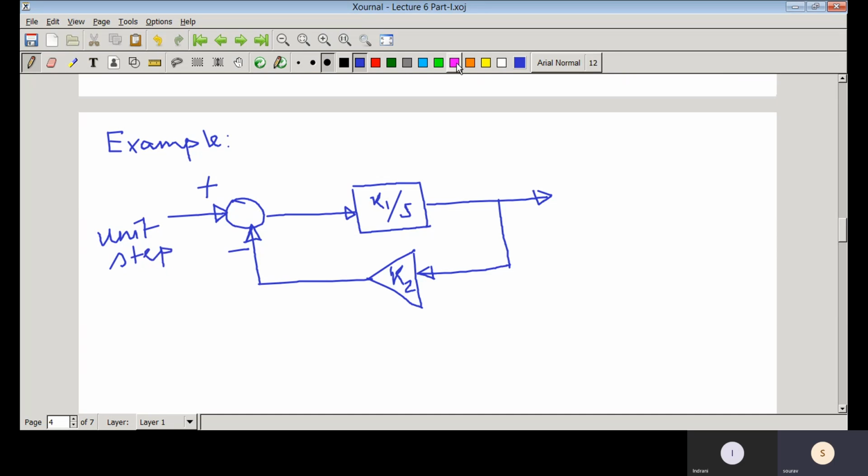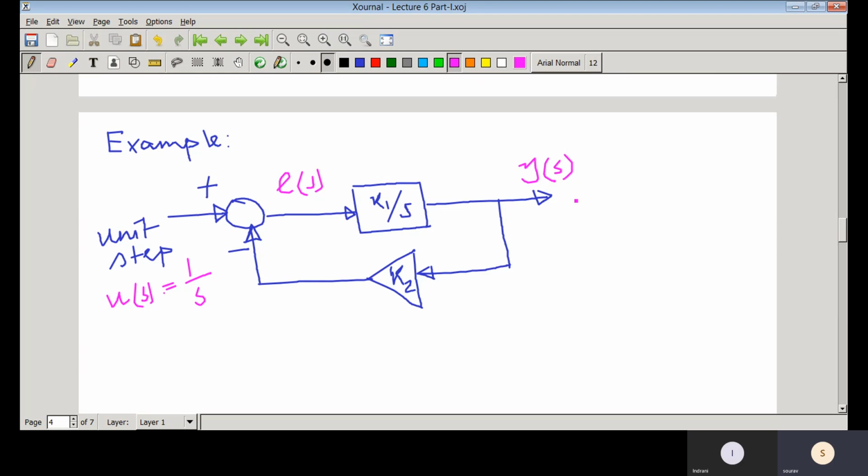So unit step means that U(s) would be equal to 1 by s. Here you have the error signal E(s), and here you have the output Y(s), the Laplace transform of y(t).